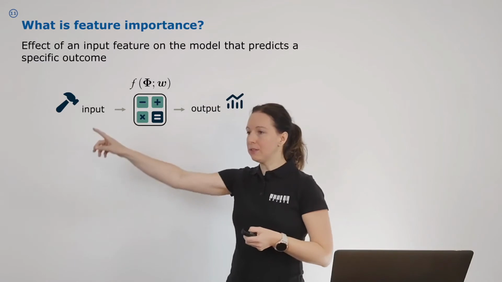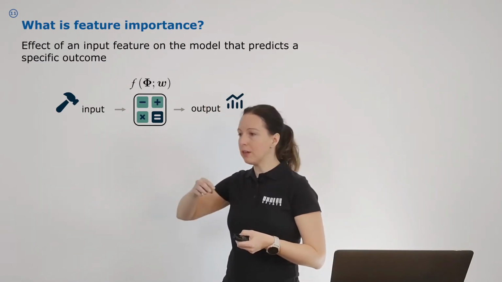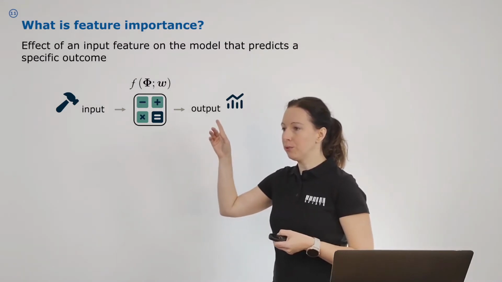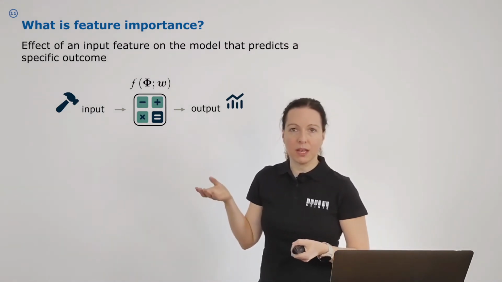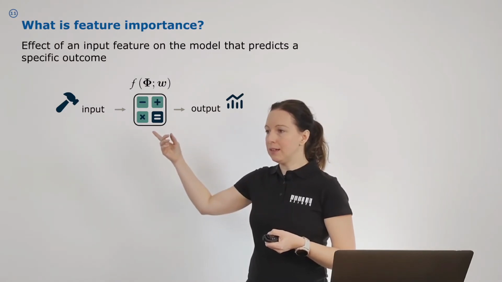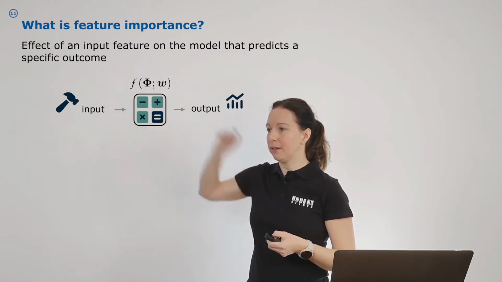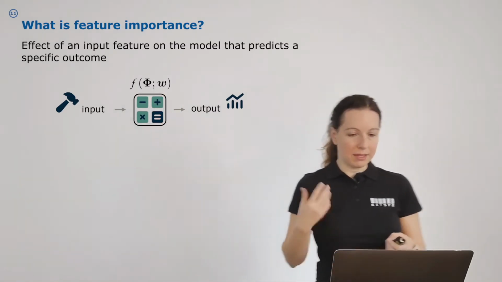So what you have is some input, some samples with feature dimensions, and you have an output, and this output can be a classification output or a regression output. Illustrated here is the classification or regression model. The model is F, the parameters of the model are W, and phi are the data samples, the input data.